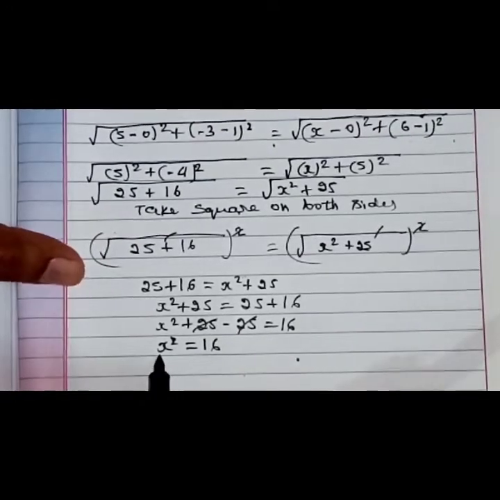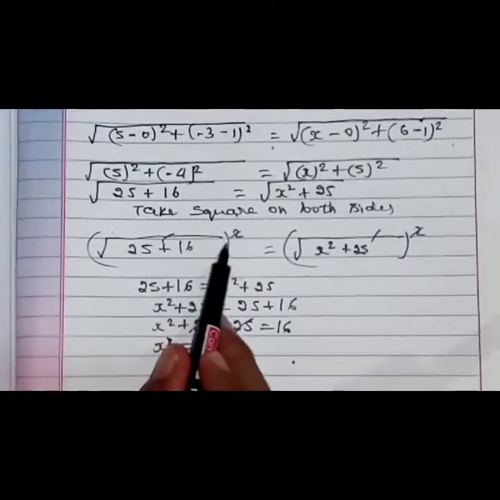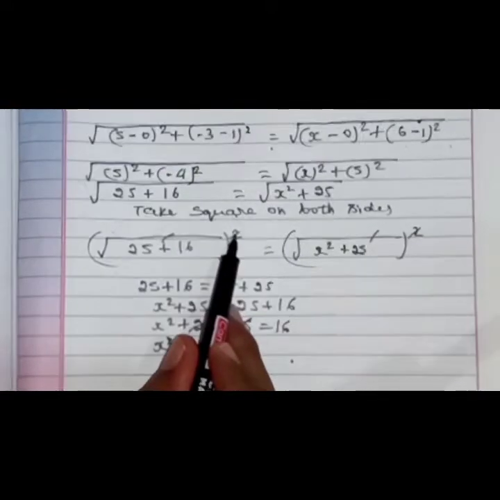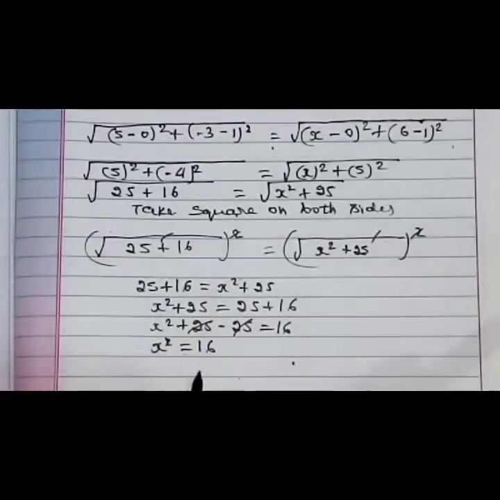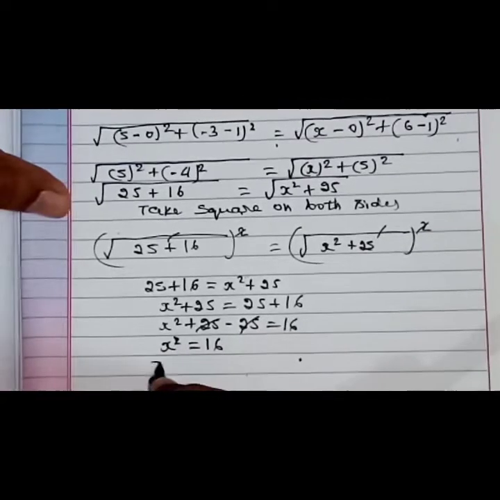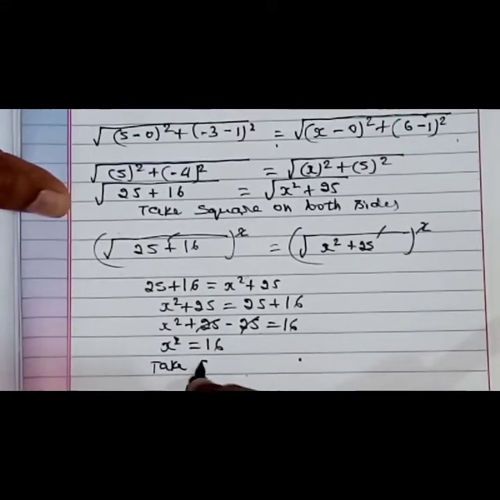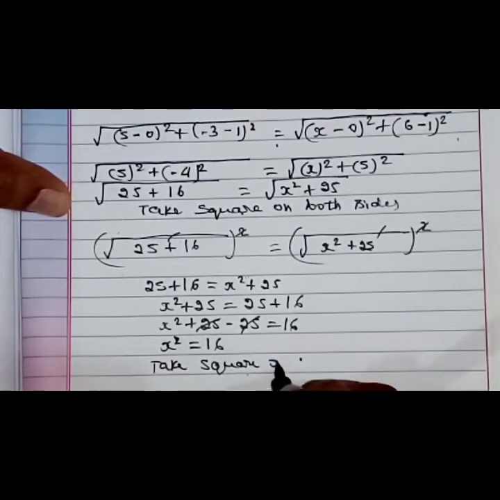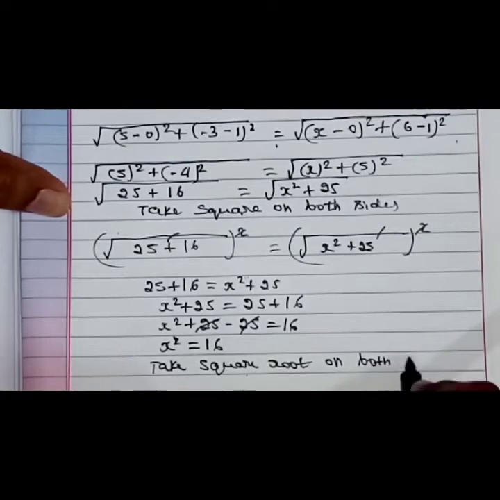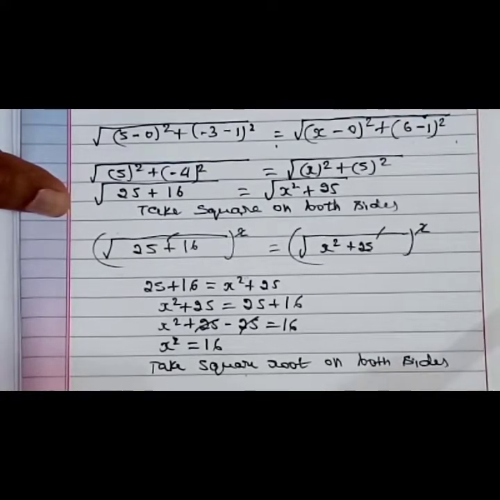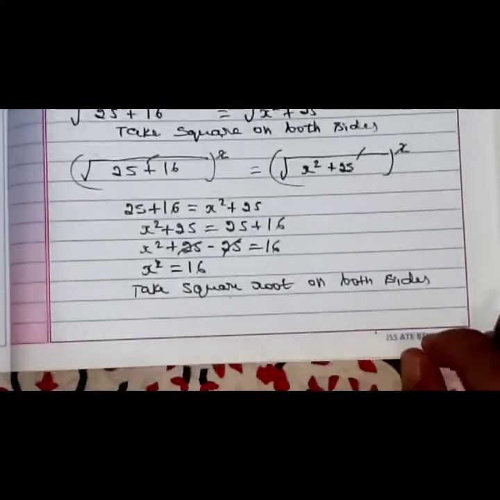Again I will say, if you want to cancel the square root, you need to take the square. If you want to cancel the square, take the square root on both sides, right? So therefore take square root on both sides. Right, children? Take square root on both sides.